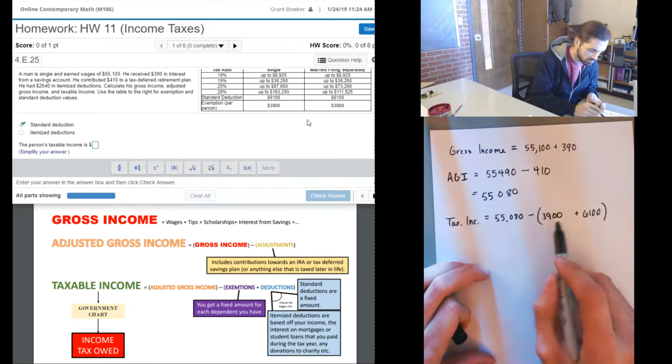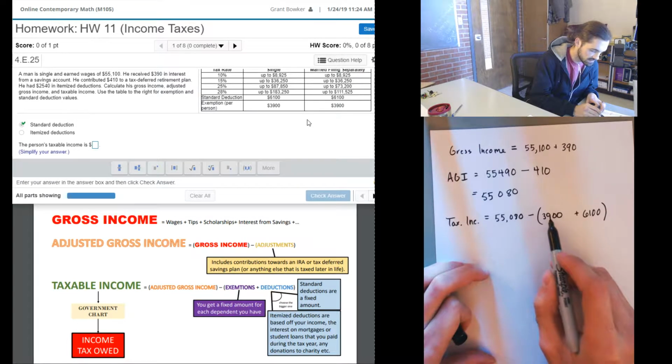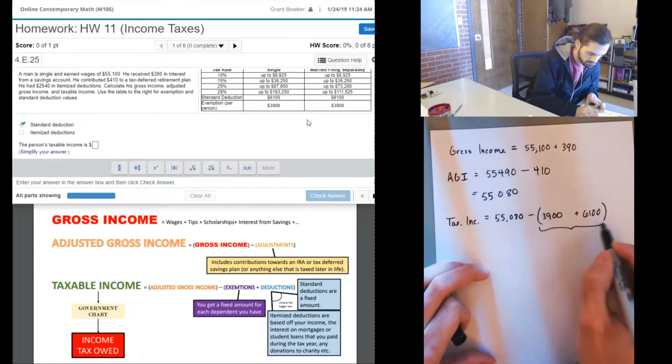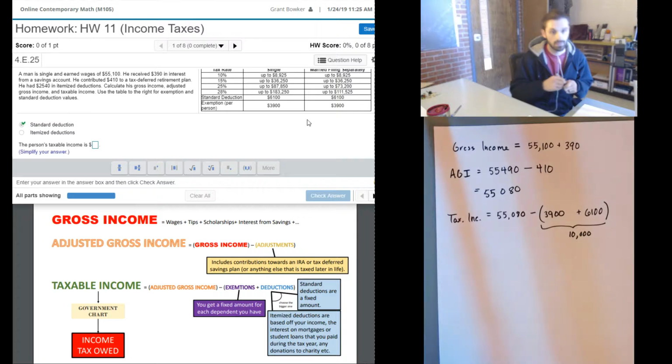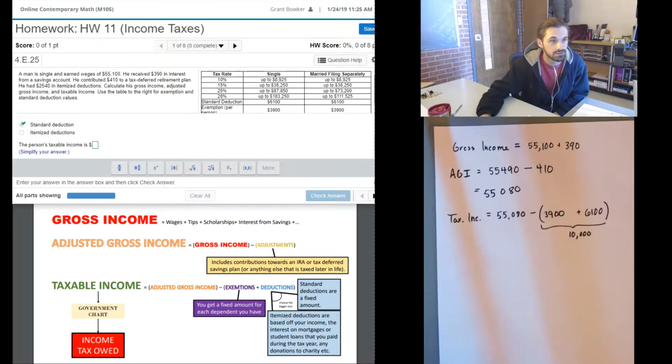One thing to keep in mind is that a standard deduction and a single exemption total to $10,000. Also take note that we were told that a man is single, so we need to use this single column here.